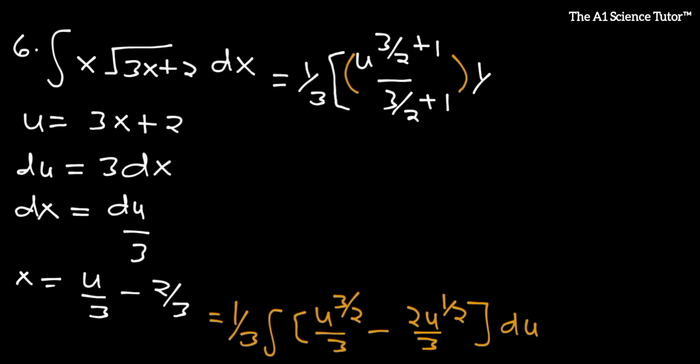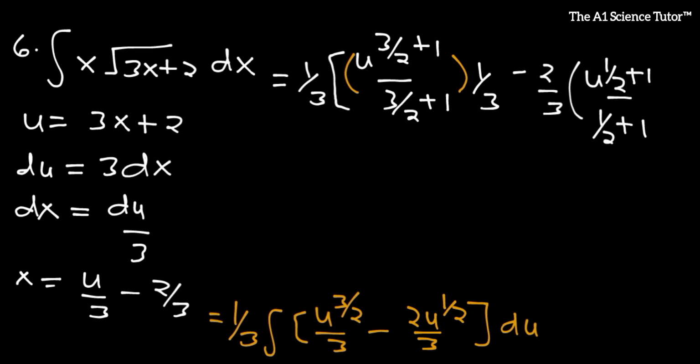So that is going to be a 1 over 3. Then here we also need to integrate this. So this is going to be a 2 over 3, and we should have a u raised to the power of 1 over 2 plus 1 divided by 1 over 2 plus 1, right? So that is actually what we should have right there. Now that should actually have a plus c, but because of space, we're just going to write it under here. Well, I might well just write it here, c there.